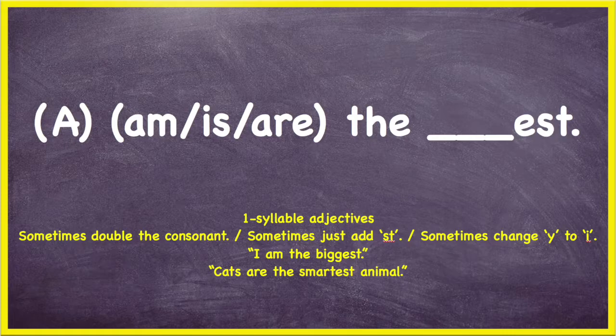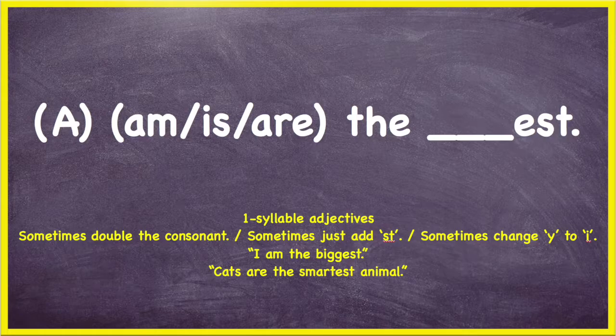You can end or you can continue after you use the superlatives. You can say maybe cats are the smartest animal in the world, or I am the biggest man in the world, right?